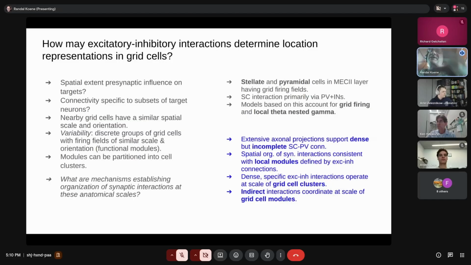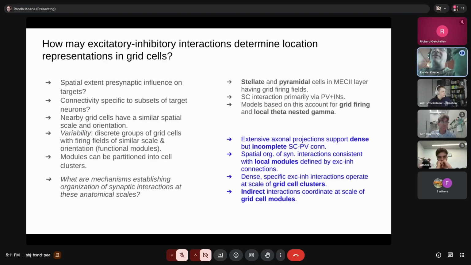This variability arises from discrete groups of grid cells that have firing fields with similar scale and orientation, and they form functional modules. Individual modules can be partitioned further into cell clusters, with each cluster containing topographically ordered grid cells encoding the full range of possible spatial phasings. So the question then is, what are the mechanisms that establish the organization of synaptic interactions at these anatomical scales?